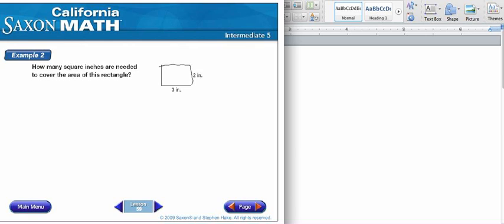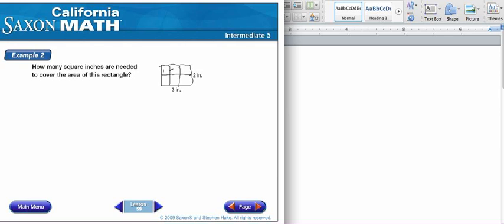Close enough. Okay, so this rectangle is 2 inches long and 2 inches wide and 2 inches long. So how many square inches are needed? Well, let's say I'm going to divide this into 1-inch sections. Okay, I'm going to cut it in half, so I have 1 inch here and 2 inches here. And then I'm going to cut it in thirds this way. So I have 1, 2, 3 inches going this way.